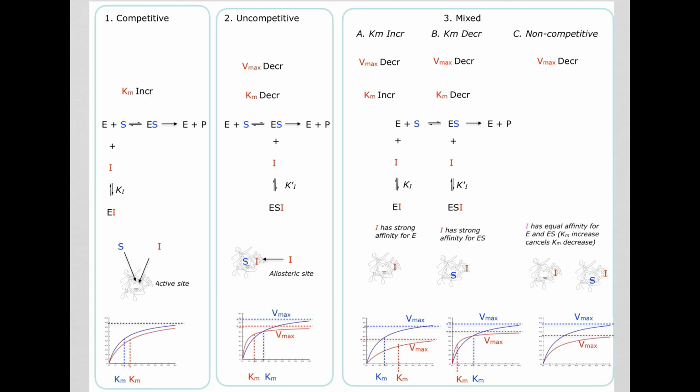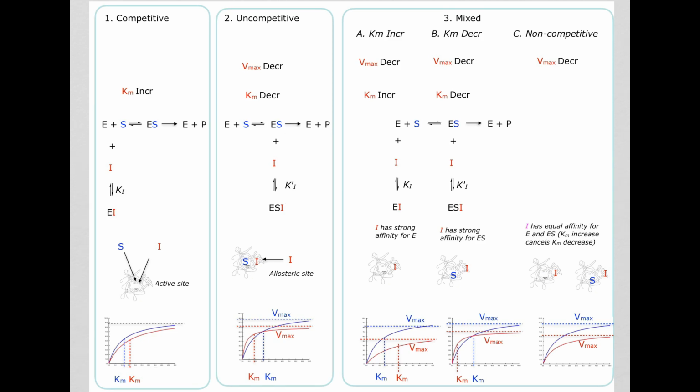So at any time when the inhibitor binds the enzyme substrate to give you ESI, that is going to decrease your Vmax because the ESI will not be converted into product, and that will reduce the maximum velocity.